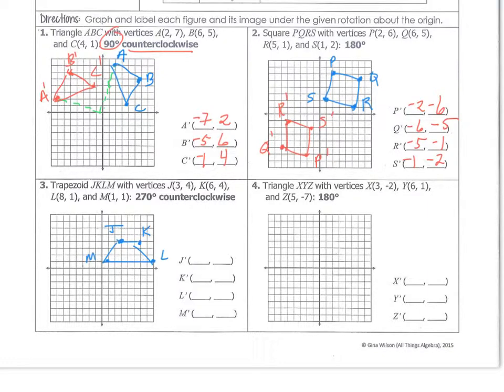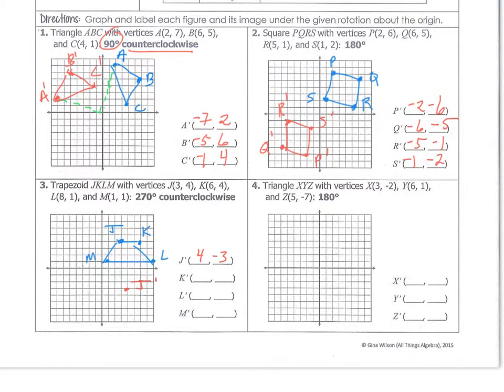So we're going to look at our ordered pairs. What's the ordered pair for J prime going to be? Yeah, so since 3 changes signs, you're going to move it over here to the y and change its sign, so it becomes 4, -3. And if we plot that, here's J prime.